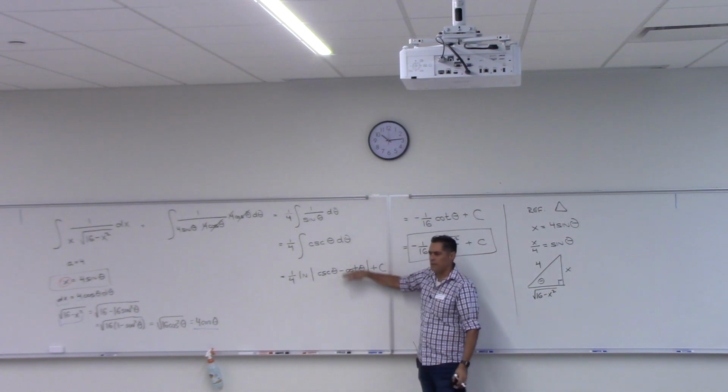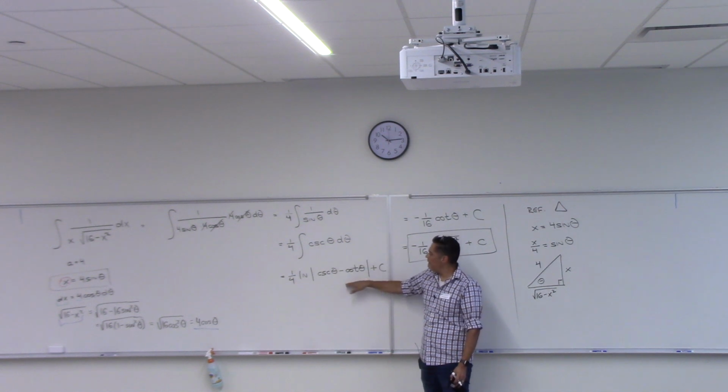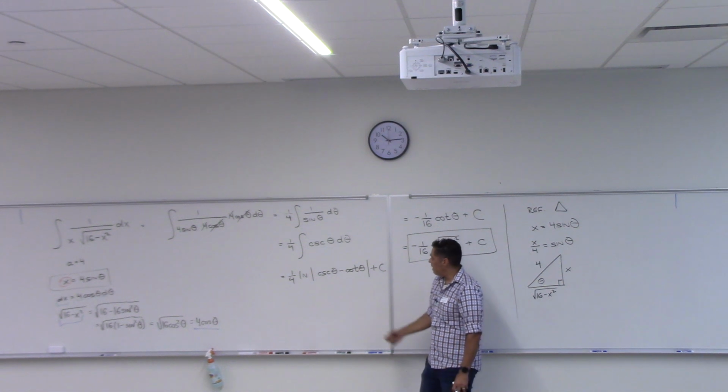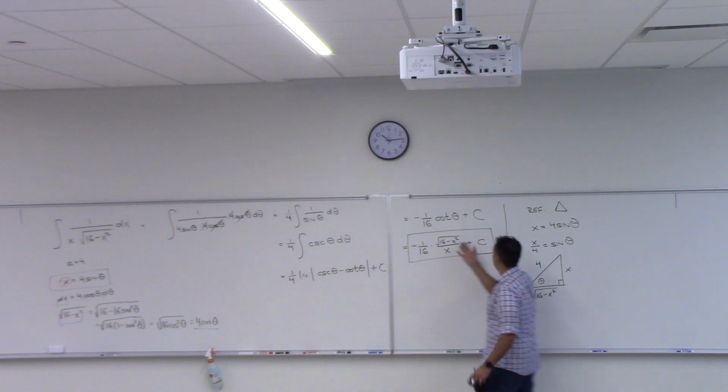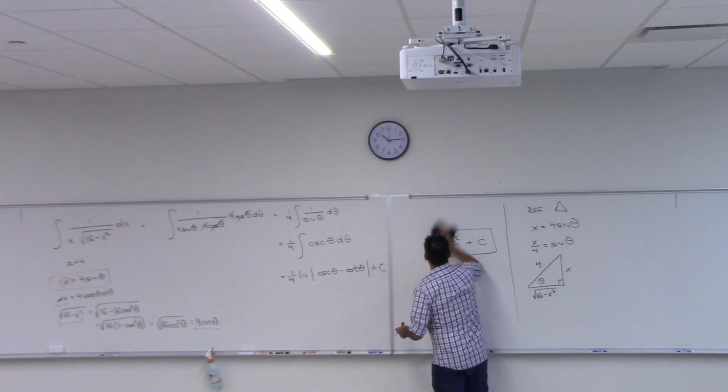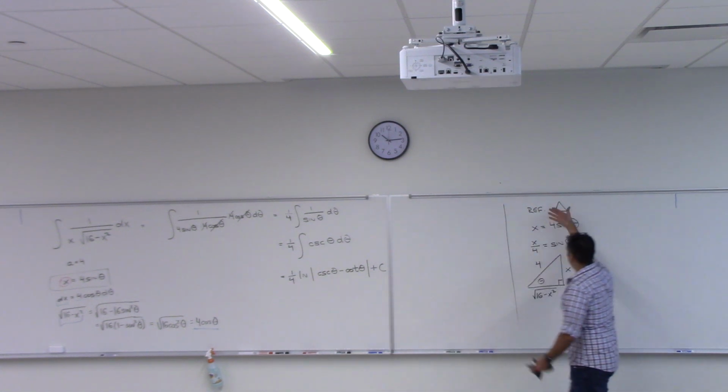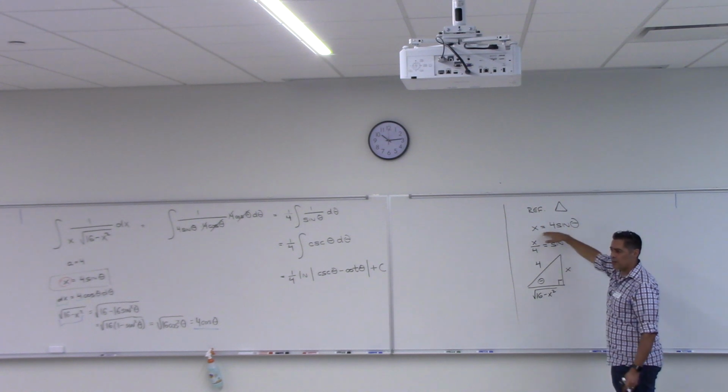See, different antiderivative. And so to get my final answer, I need to know what cotangent and cosecant theta are. Is my reference triangle the same? Yes, because it's based off the same trigonometric substitution.